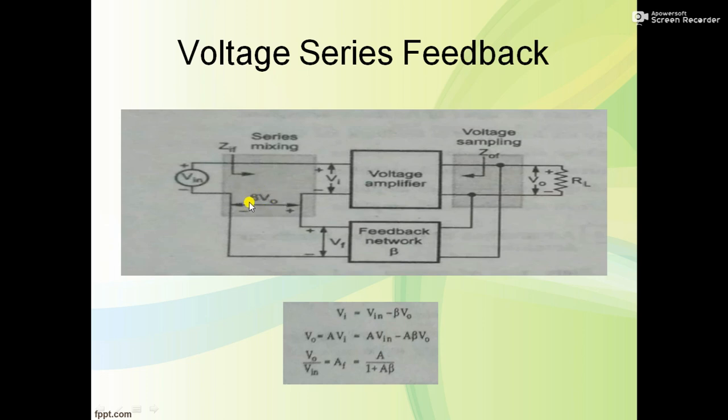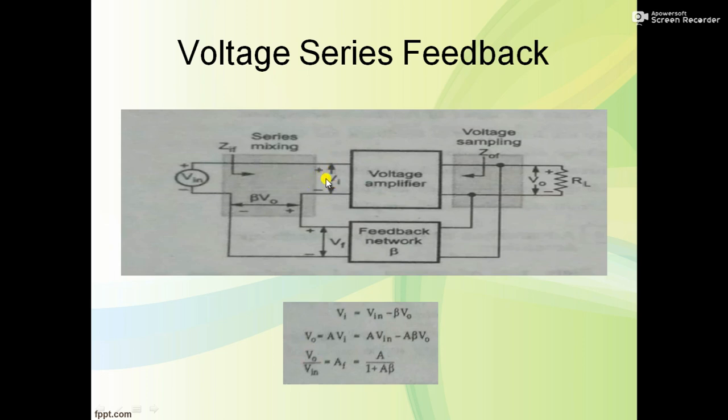Again this voltage comes at the input side, and consider Vi is equal to Vin minus beta into V naught. Actually this Vin is the sum of beta V naught and Vi. With the help of series mixing, both voltages are mixed together, and that is called Vin, the main input voltage.